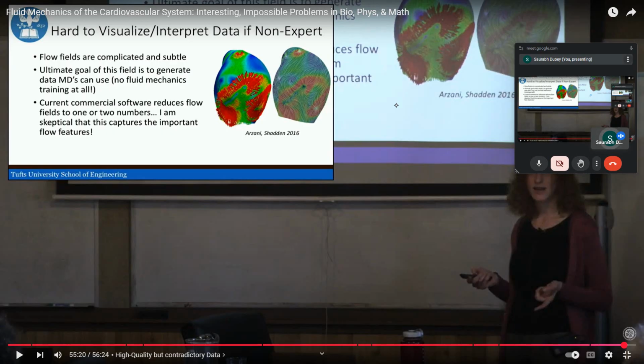Doctors do not have fluid mechanics training, so it becomes very problematic for them to visualize the data. Current commercial software reduces the flow field to one or two numbers, and I am skeptical that this captures the important flow features. That is another aspect that has to be looked at.